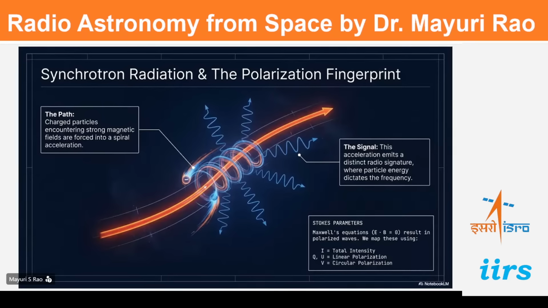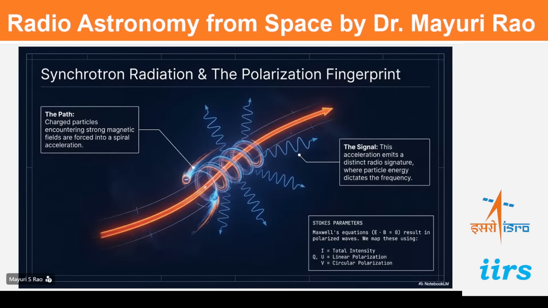When you make an image of our own galaxy and we want to study it at low frequencies, it could be 100 megahertz, 400 megahertz, the galaxy is very bright. In fact, you can't see other phenomena very well at these frequencies because this dominates all our antennas and receivers.